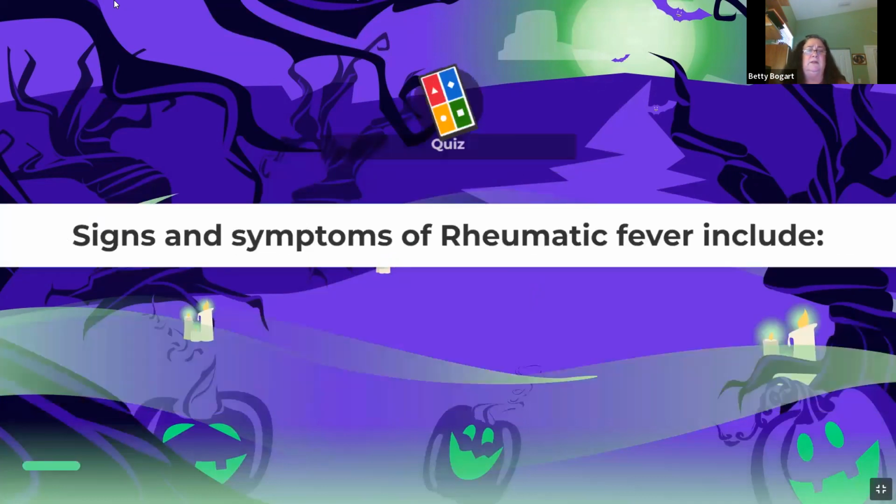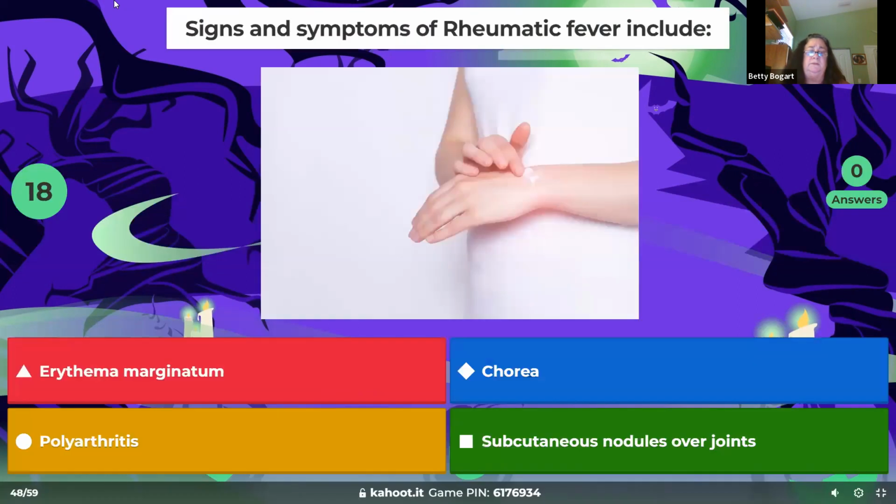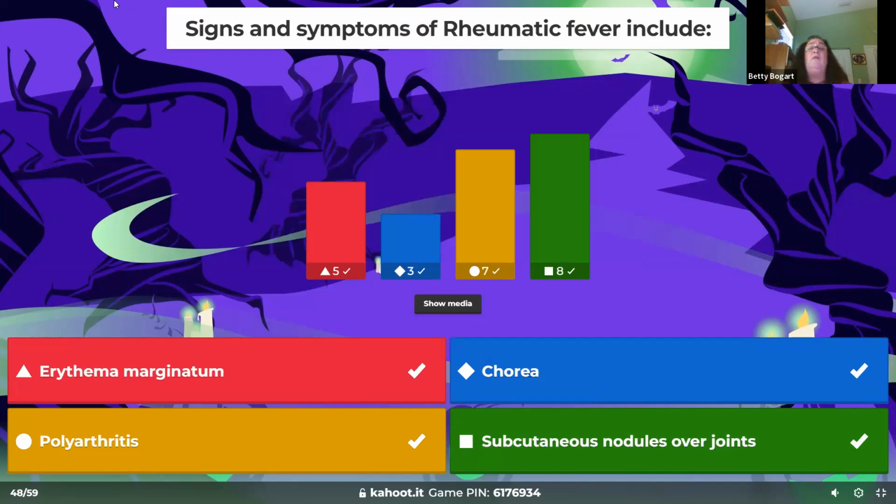A multi-select. Signs and symptoms of rheumatic fever include... you're going to see a rash. You're going to see them with that wiggly, wobbly gait. And then, of course, you're going to see those nodules and polyarthritis.